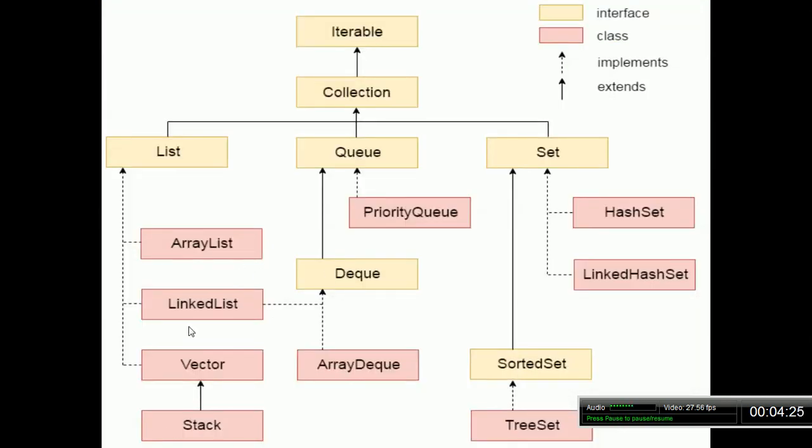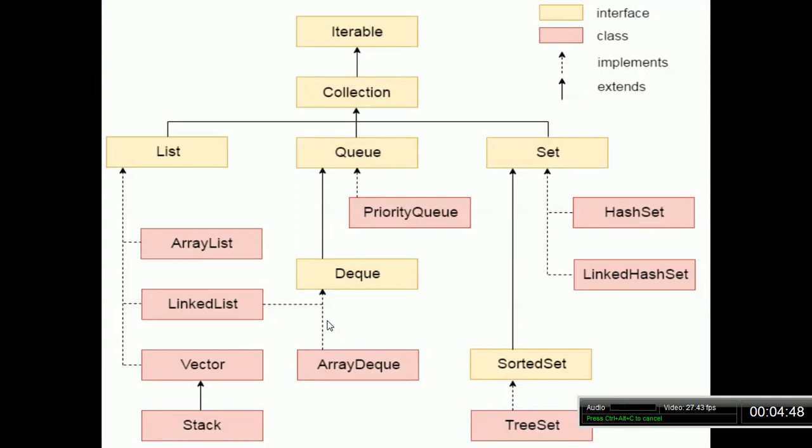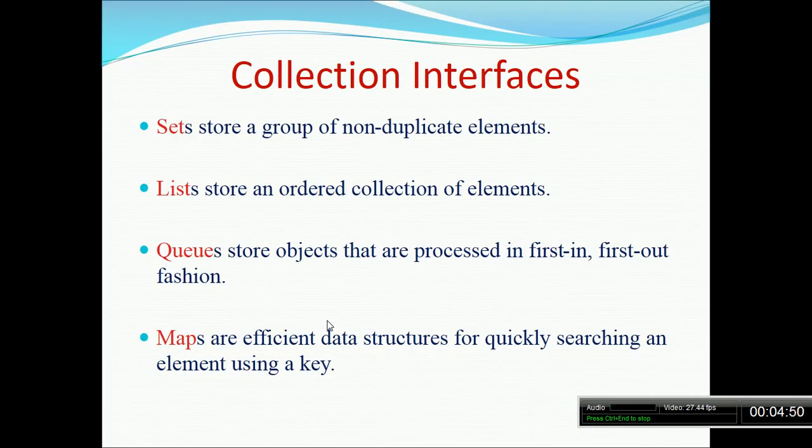So within the queue, we will study the array DQ. Maps are an efficient data structure for quickly searching an element using a key; we will study the hash map. So for set, we will see the tree set. For list, the array list. For the queue, the array DQ. And for map, the hash map.